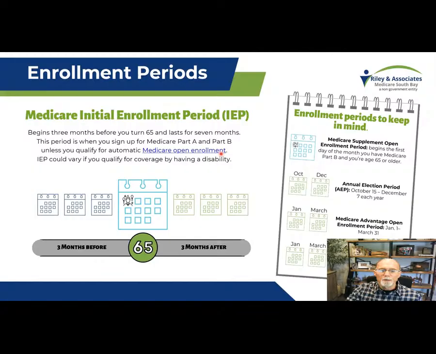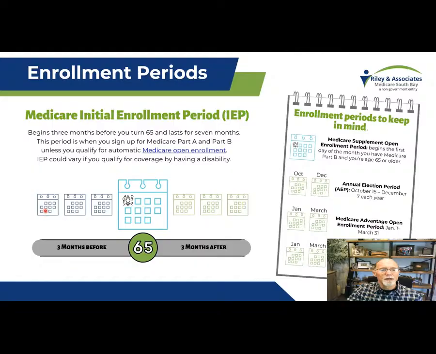So when you sign up for Original Medicare Part A and Part B, you have a 7-month window. You have the 3 months prior to your birthday month, the month of your birthday, and 3 months after. Say, for example, your birthday is in April.